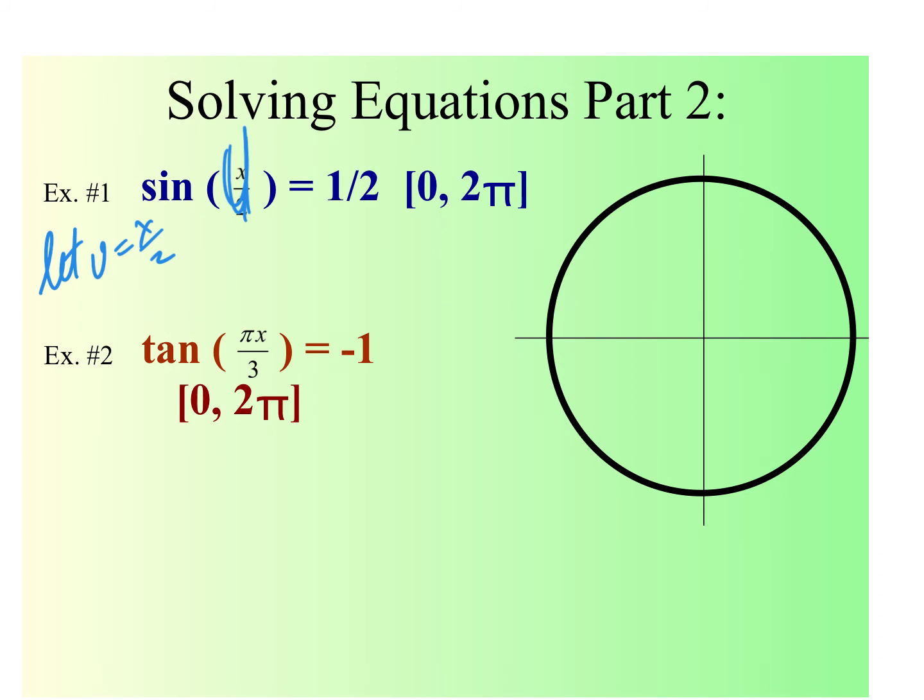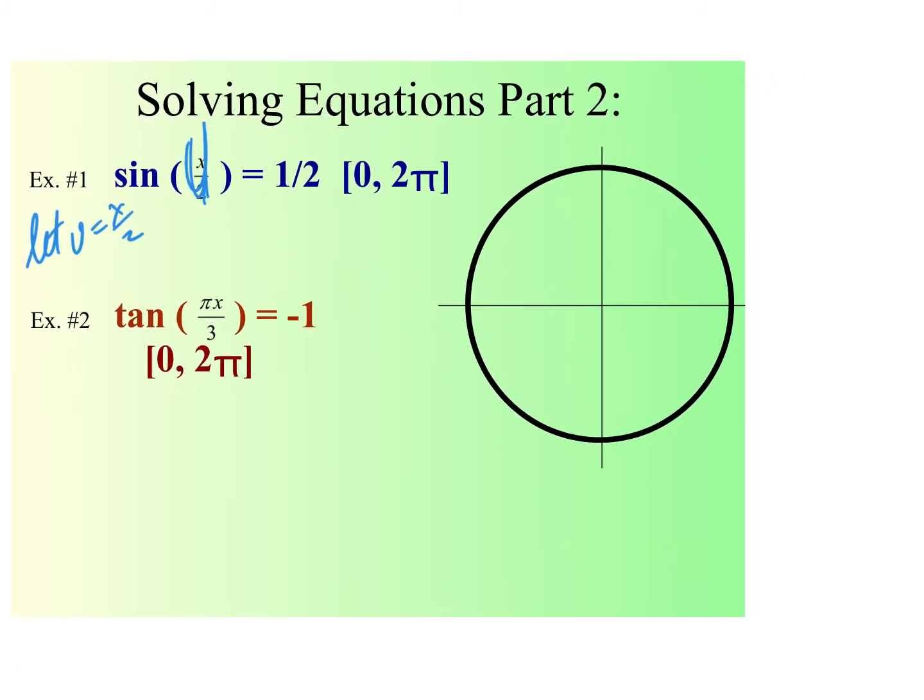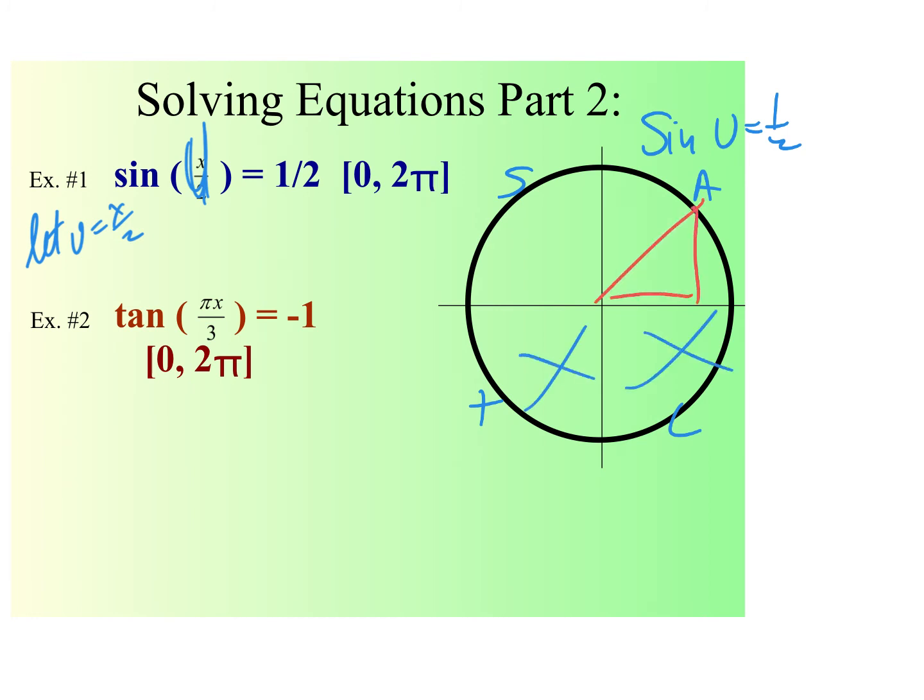All right. So we let u equal x over 2, and then we just go over and solve it like it was just a simple sine of u, or theta, equals 1/2. Sine's positive in the top 2. So then I'm here, and sine is opposite over hypotenuse. And it must be a 30 again.